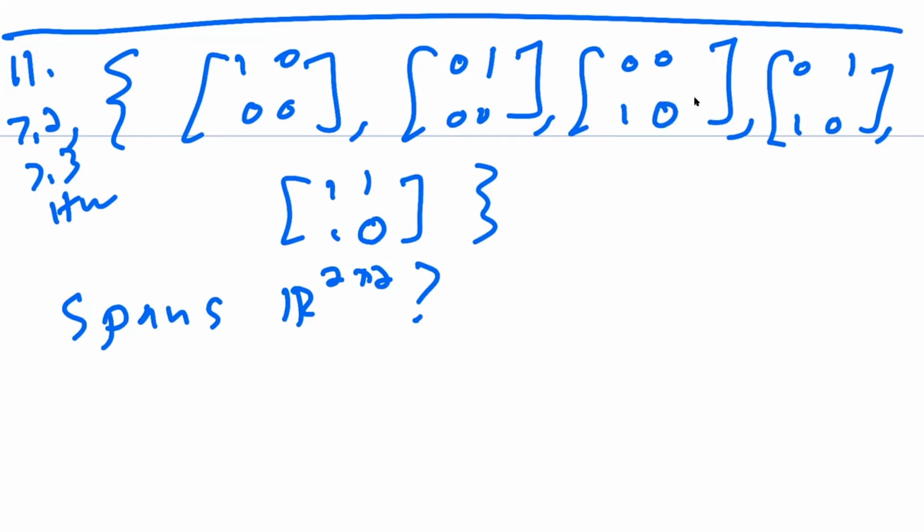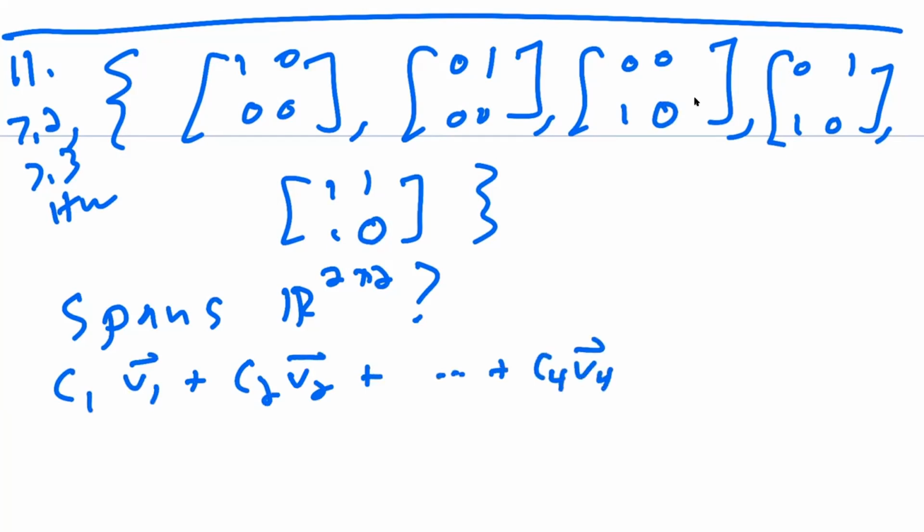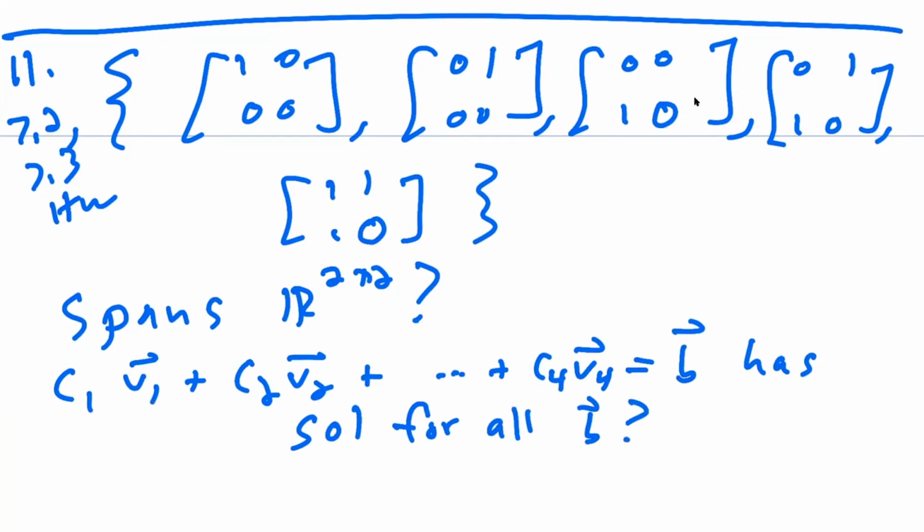I'm looking for C1 V1 plus C2 V2 plus C4 V4. In order to span, I want to know whether this has a solution for all B. That's the question.